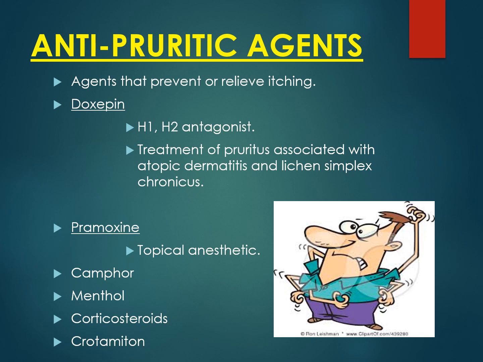Also camphor, menthol, corticosteroids, and crotamiton. And you must be familiar with the famous prickly heat powder as well, that also comes in the category of antipruritic agents. And pruritus is usually part of some systemic disease as well, or some sort of allergic reaction like an insect bite or anything. Then you have to relieve that allergy, so you give H1 antagonist.